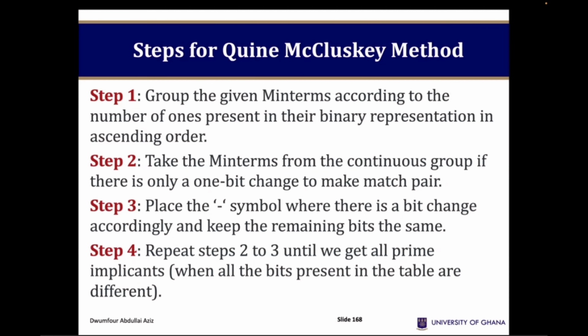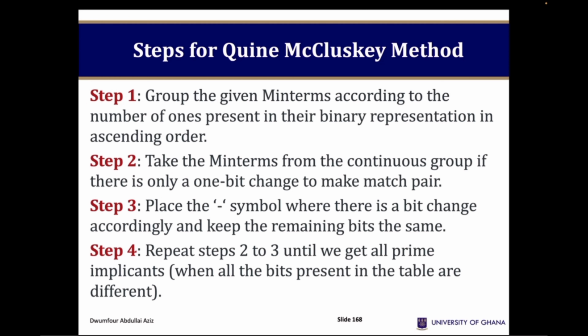So the first step is, when you are given an expression, most times we are given these expressions in the form of minterms, right? So we have to first construct our truth table with these minterms. And then we group these minterms according to the number of ones.